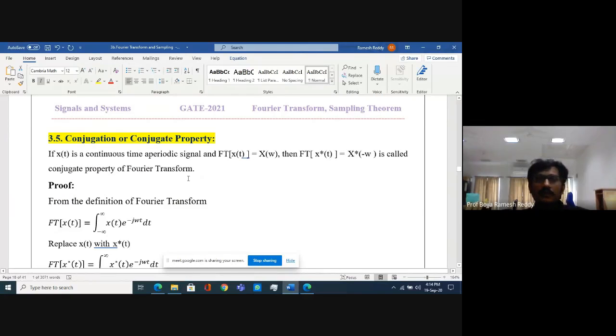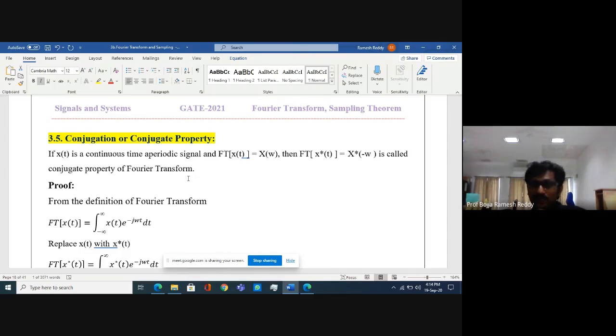Conjugation or conjugate property. Conjugate means if we know the frequency domain of a signal x of t, then what is the frequency domain of the complex conjugate signal, x star of t? In frequency domain, it is not simply X star; we have to consider conjugation as well as folding.